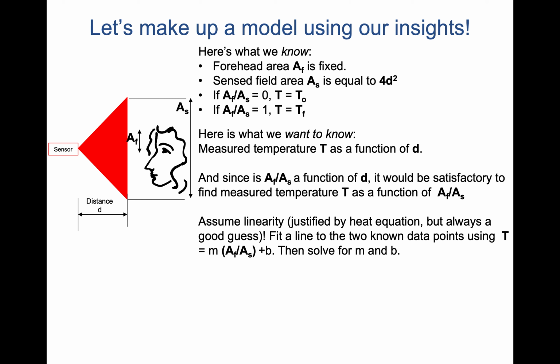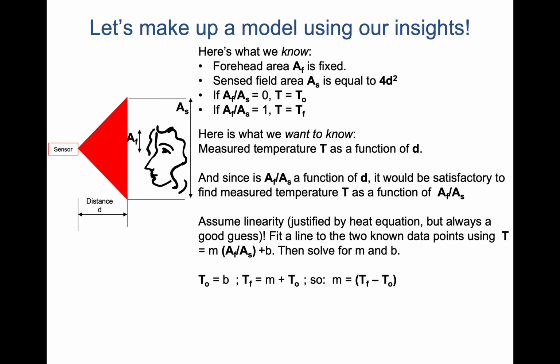So let's fit a line to the two known data points for T as a function of AF over AS. In other words, T will be y, and AF over AS will be x, and we're going to do a y equals mx plus b linear fit. So T is equal to m times the ratio of AF over AS plus b, and solve for m and b.